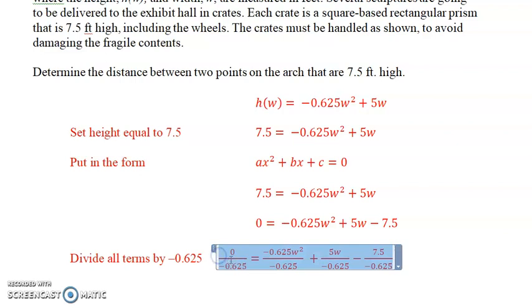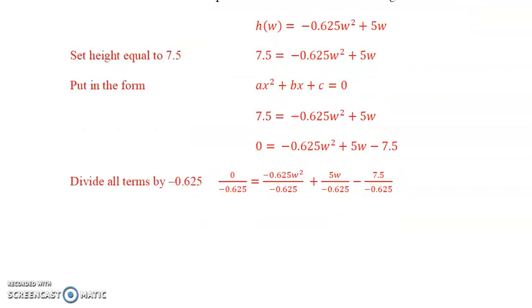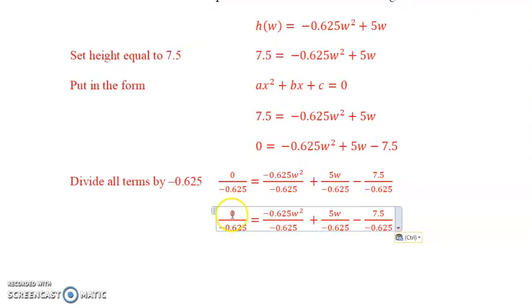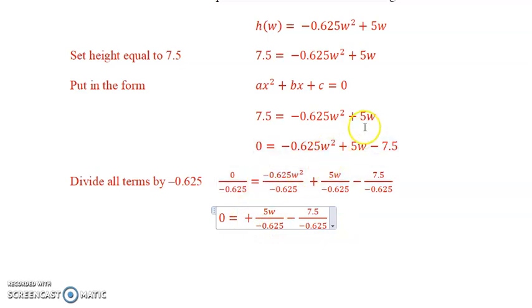Okay. Then we're going to clean our equation up. When I say clean it up, I mean simplify, right? So 0 divided by negative 0.625 is just 0. These here divide out, and obviously they equal 1. That's why we did it. Right? That's the whole idea.